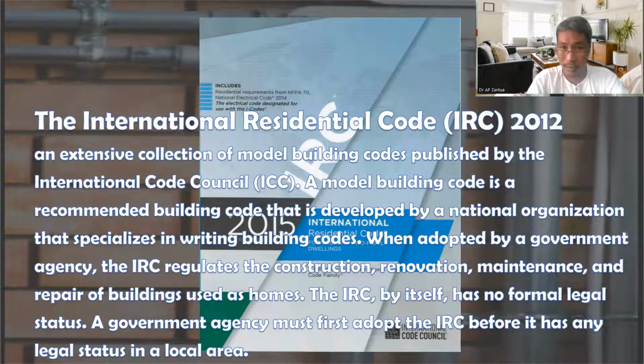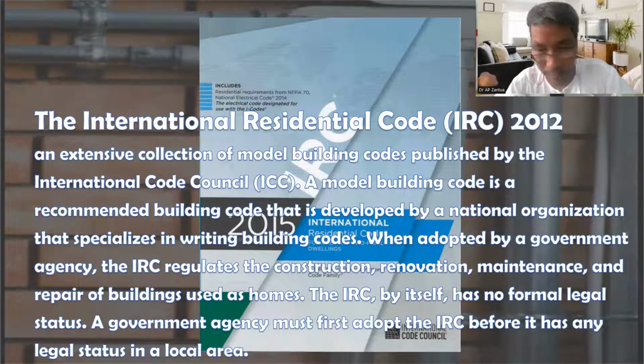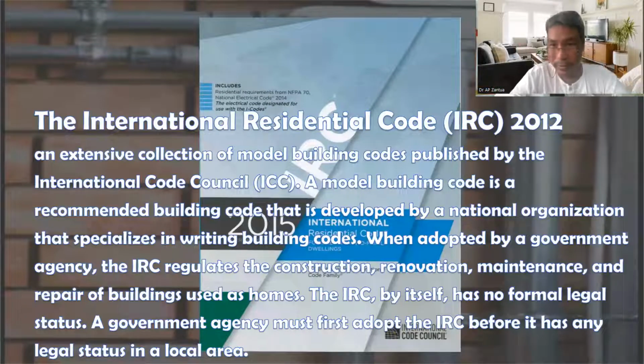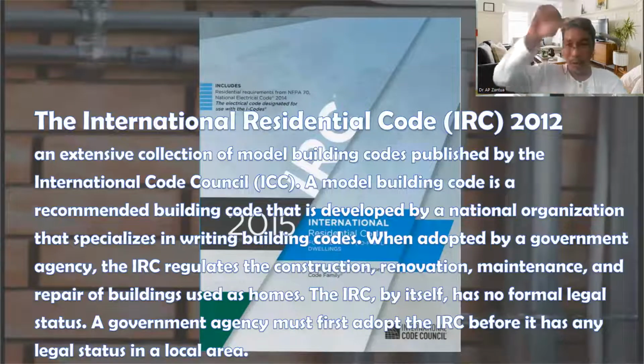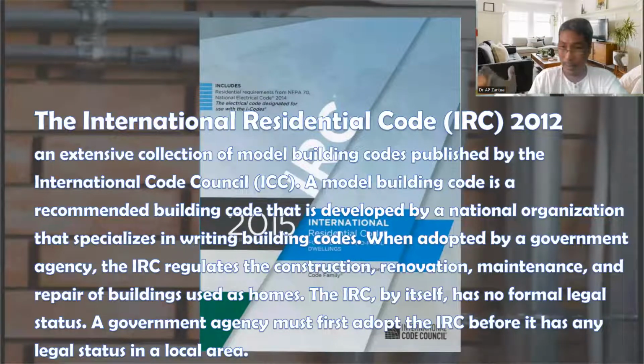A code is different because a code has a greater area of coverage. In the United States, the smallest area of coverage for a code is one state. For example, California is one state. New York, one state. Or one city or one state.